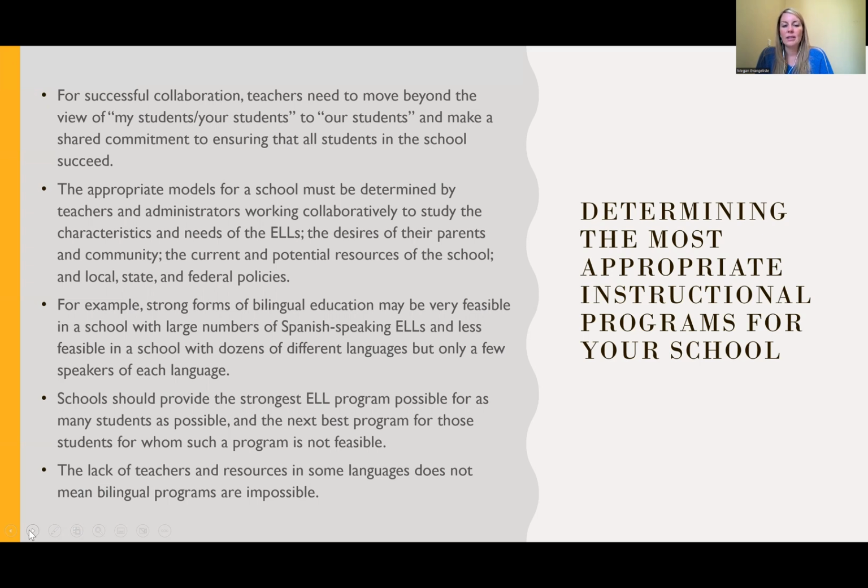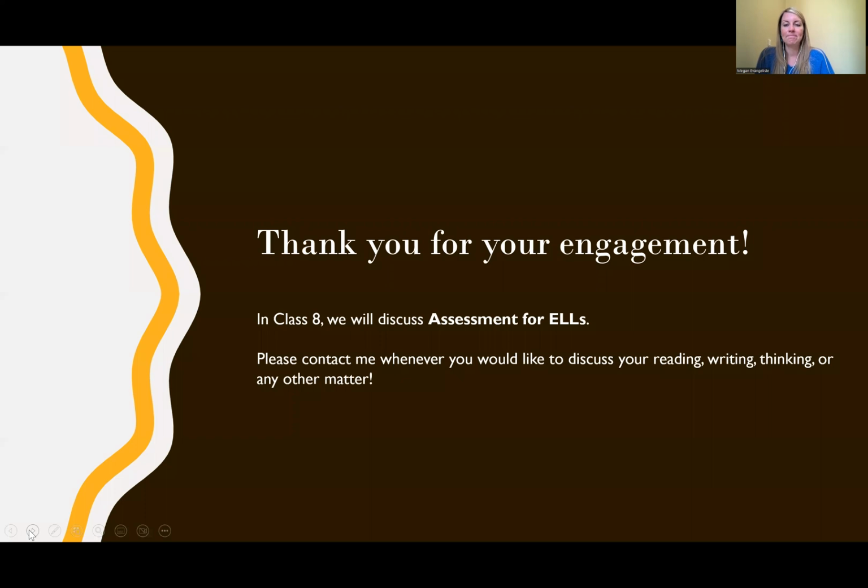Schools should provide the strongest ESL program possible for as many students as possible, and the next best program for those students for whom such a program is not feasible. The lack of teachers and resources in some languages does not mean bilingual programs are possible.